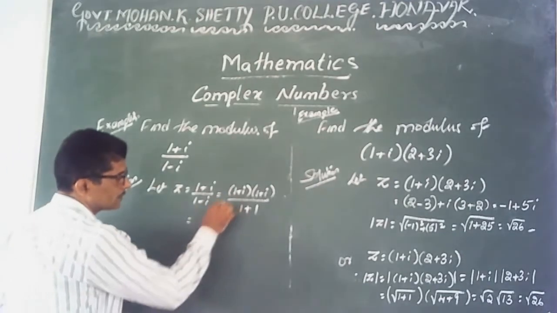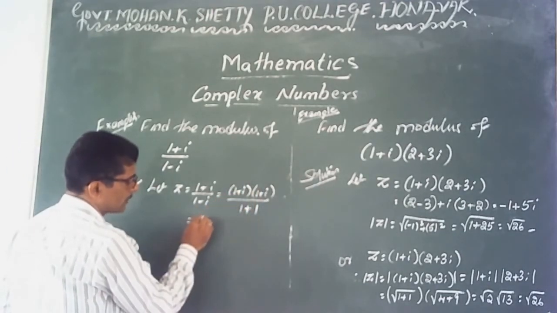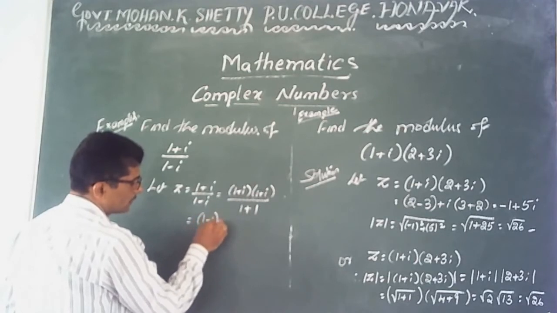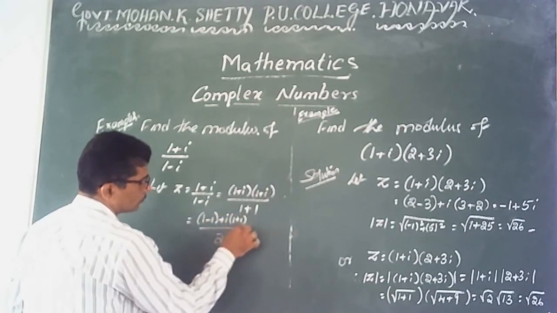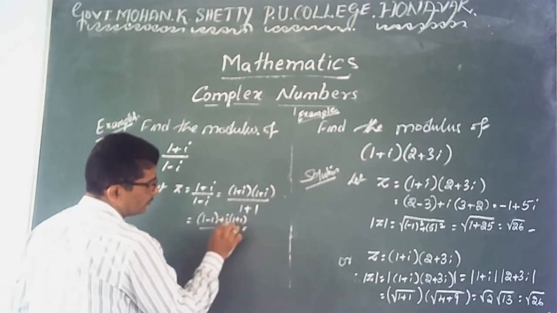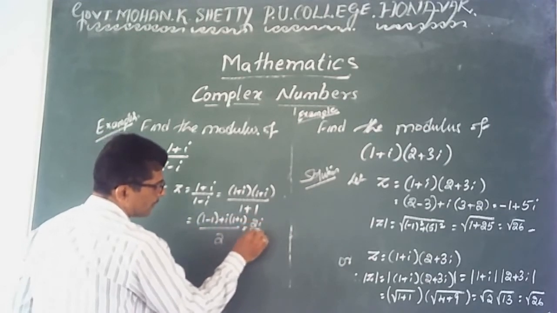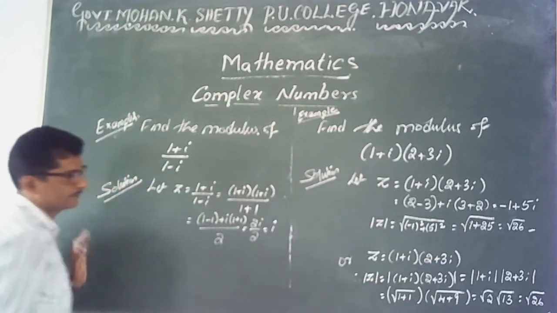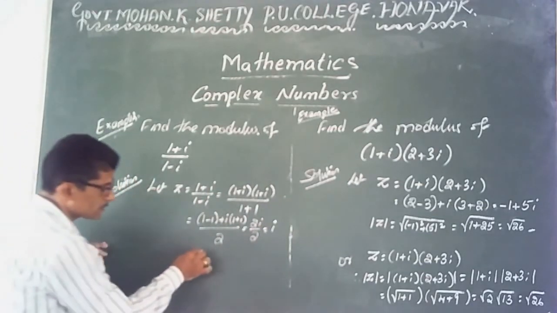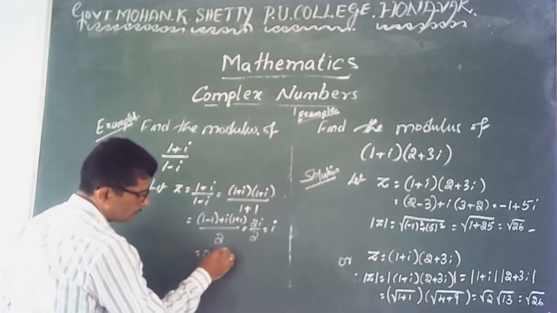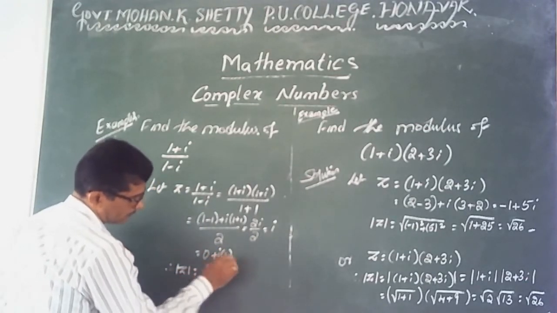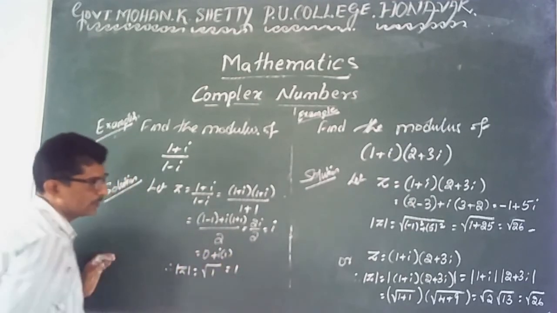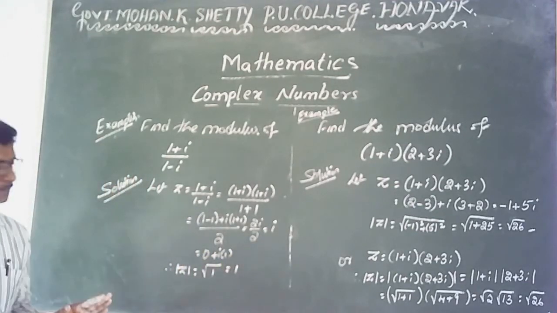Here multiplying, 1 plus i whole square means 1 minus 1 plus 2i, divided by 2. 1 minus 1 means 0 plus 2i. 2i divided by 2, its value is i. I means 0 plus 1 into i. What is modulus of z? Its value is 1. 0 plus 1 means root 1. Its value is equal to 1.